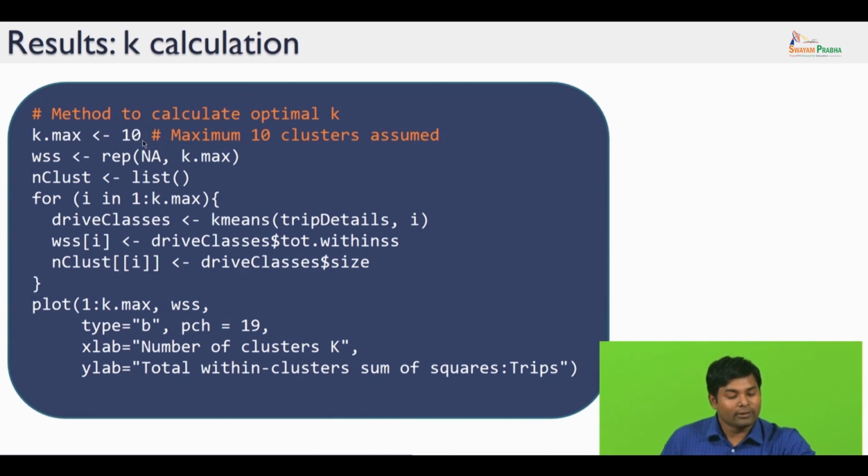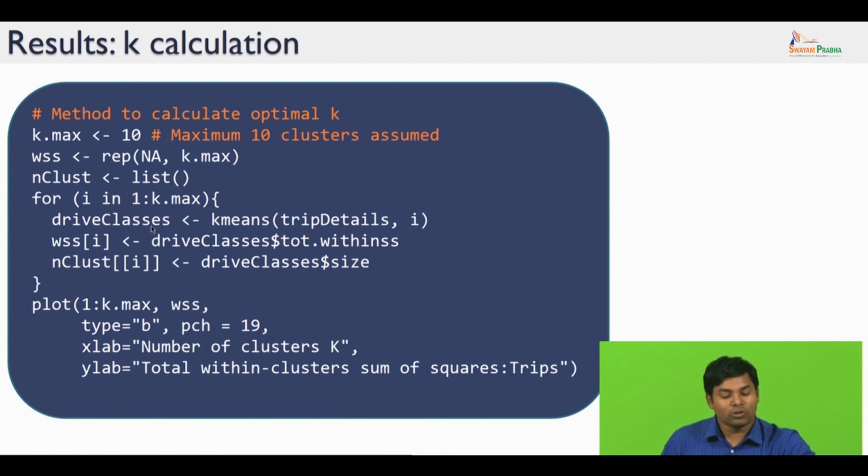I am assigning a value of 10 to k max and pre-allocating memory, so this many clusters are there and I am repeating NAs this many times. This is the within sum of squares value. Essentially I am creating a vector with NAs of size 10 by 1, and I am initializing an empty list for the clusters. This for loop will run from 1 to the maximum number of clusters, in this case 10, and for each value of i the k-means algorithm is implemented.